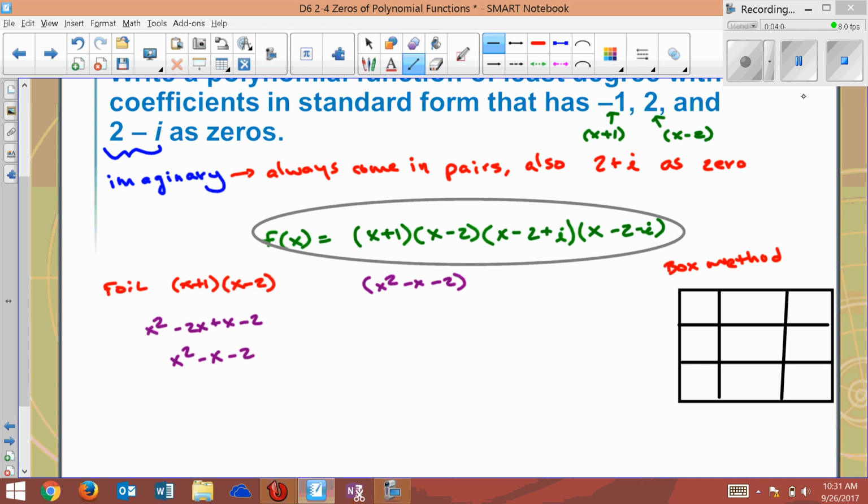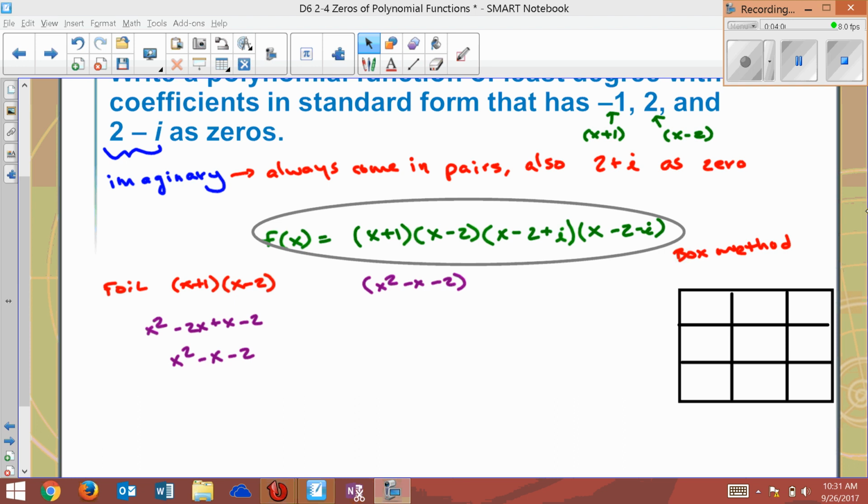Now we're going to multiply across our values once we have them up here. So we have x minus 2 plus i. That's that parentheses. And now this one, x minus 2 minus i. Now if we do this correctly, all the i's should always cancel out. So x times x is x squared. And then you would have -2x here and positive ix.